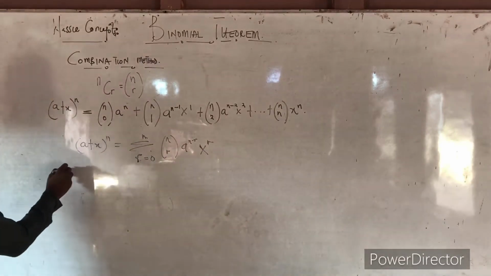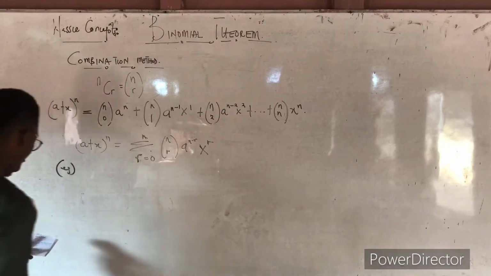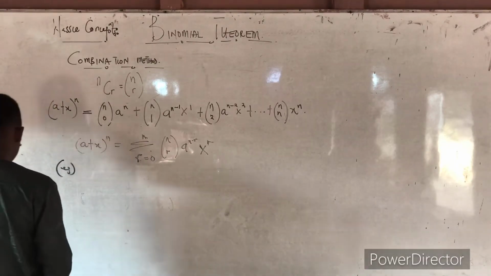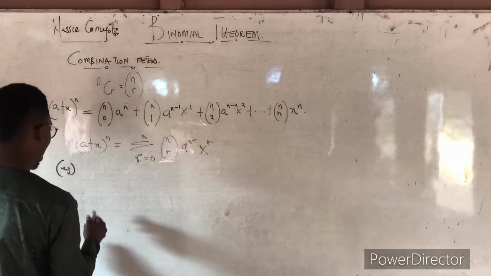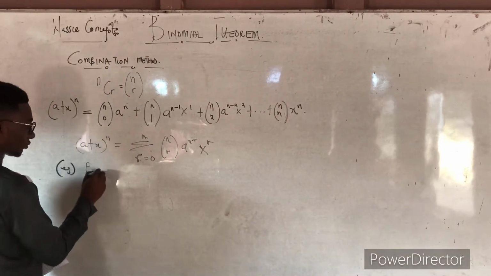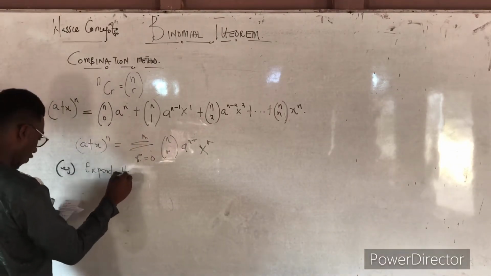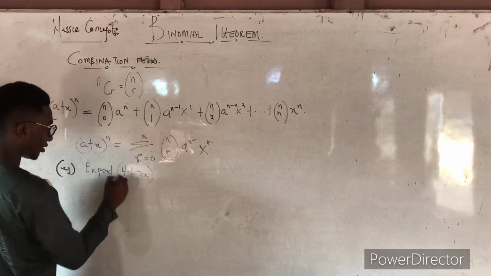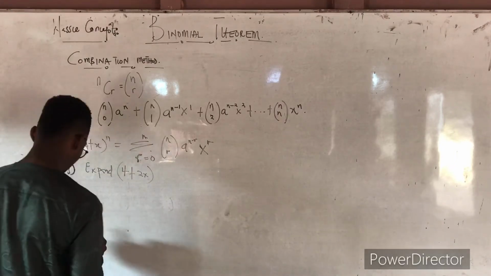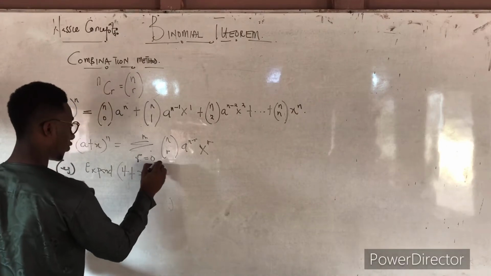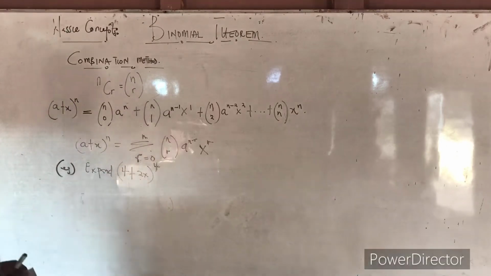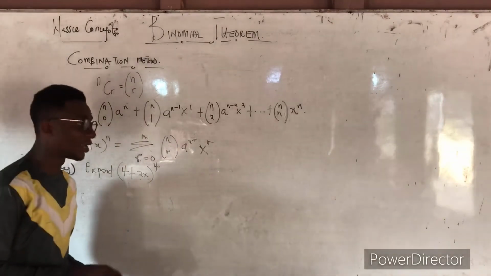Now let's take a typical example and look at how we can go about it. For example, we have to expand 4 plus 2x exponent 4.